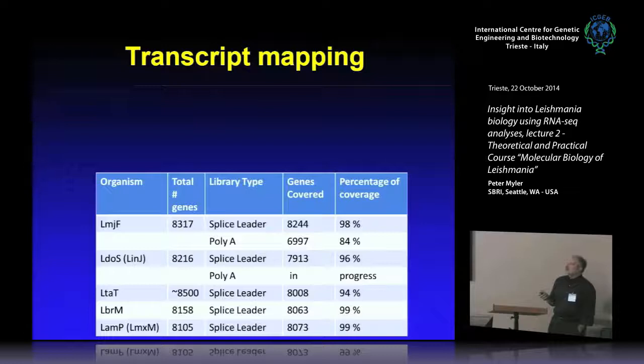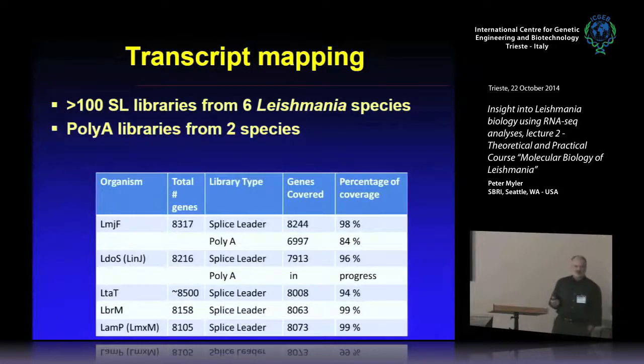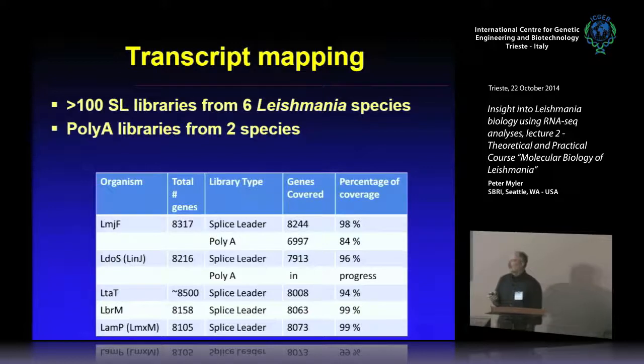So I've made a fair number of libraries on a fair number of organisms. I think we've made almost 200 different libraries now, so this slide is a little bit old. From 6 different species. I made polyA libraries only from 2 different species, from L. major and from L. donovani, because basically I decided that it was a lot of work for not very much results.